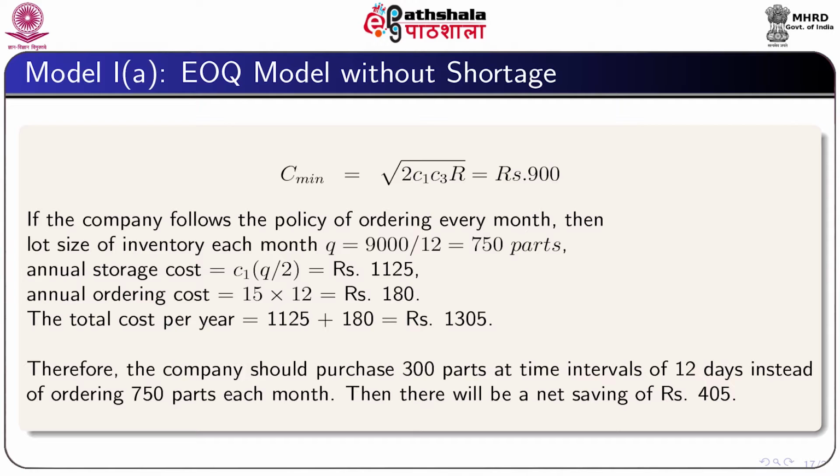Annual ordering cost will be 15 into 12, which is equal to ₹180, and the total cost per year then becomes ₹1,305. Therefore, the company should purchase 300 parts at time intervals of 12 days, because it gives the minimum cost, and in this case the cost saving will be ₹405.